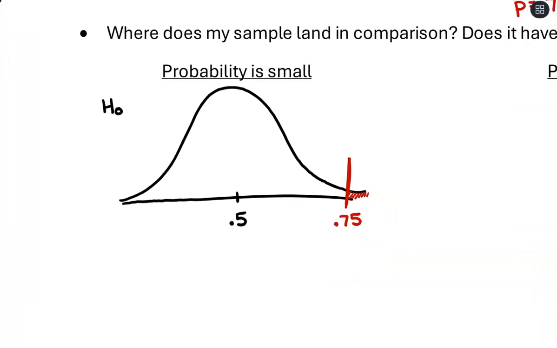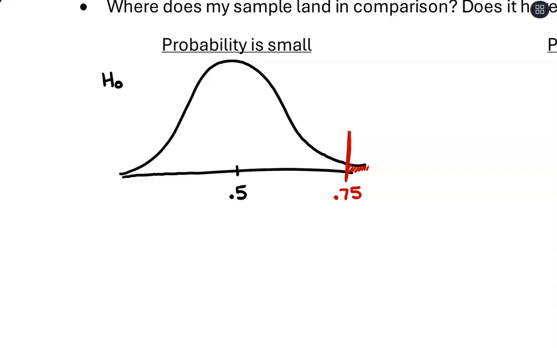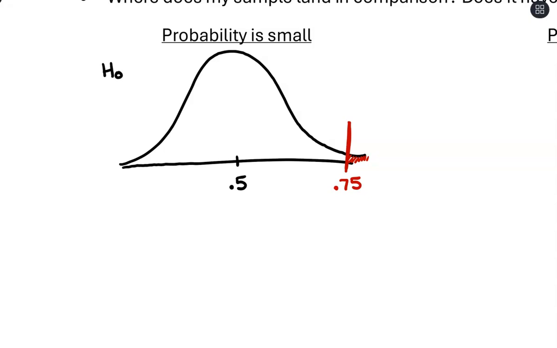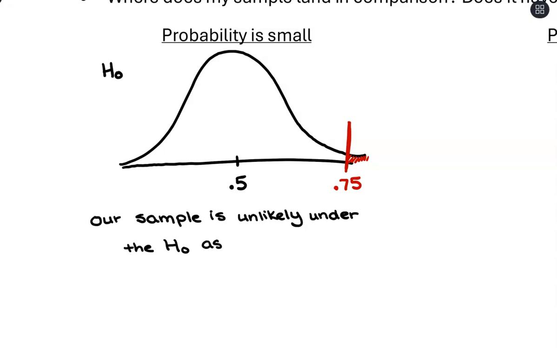So what does it mean to get a probability that's so small? I'm going to go through the explanation, then I'll bring back a definition for us. What this shows me is that our sample that we observed is unlikely under the null hypothesis assumption.